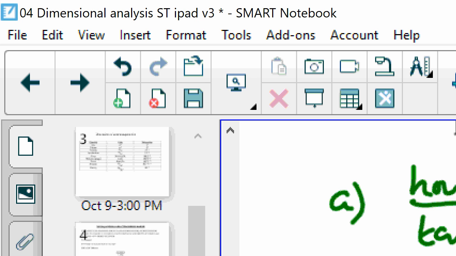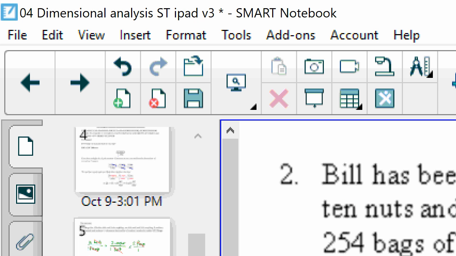Now, in this next example, the typo has the bloke changing name. It starts off by saying Bill, and then his name changes to Leonard. But he must be a bored Leonard, because he's been working in the nut and bolt factory for the last 30 years, packing 10 nuts and bolts into a plastic bag and sealing them up. Every hour Leonard produces 254 bags of nuts and bolts.